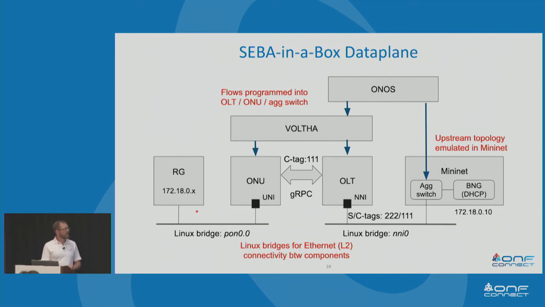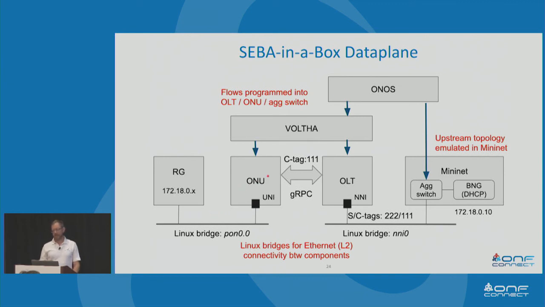So we have an RG container, the residential gateway, and it connects upstream to an ONU container, a separate container, and we connect these with a Linux bridge so that these can talk at layer 2. So in a real PON network, these would be connected with Ethernet. Here we're using a Linux bridge.